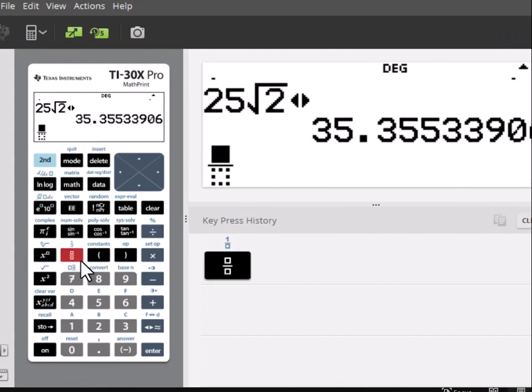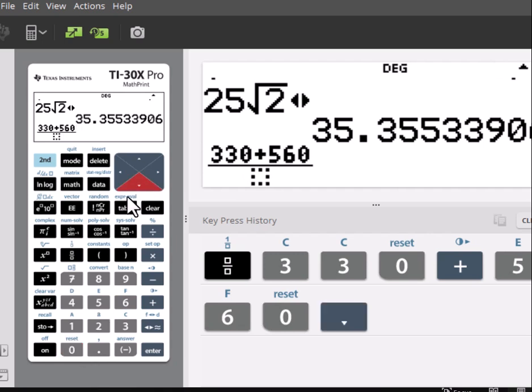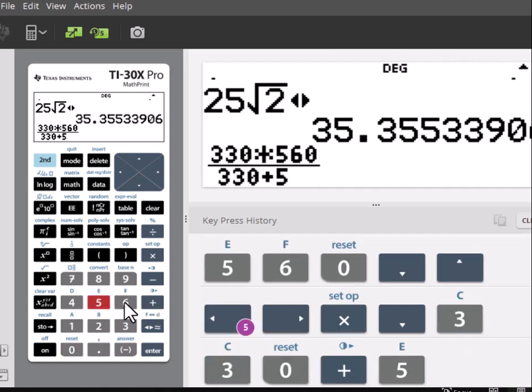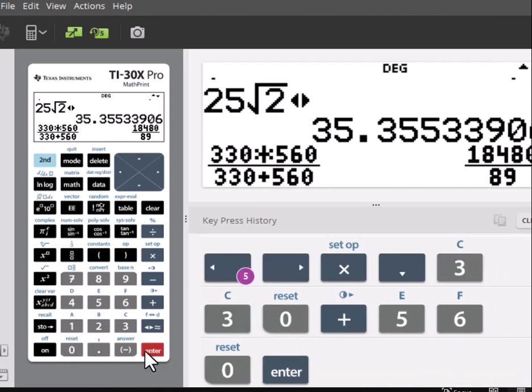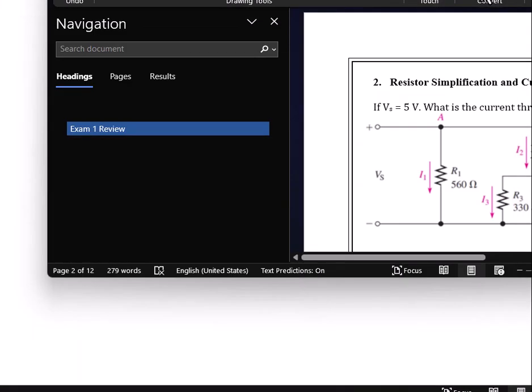Just showing you how nice this one is: 330 times 560 over 330 plus 560. It gives me a fraction, but I want that as a decimal, and it's 207.6. So just lovely little calculator.